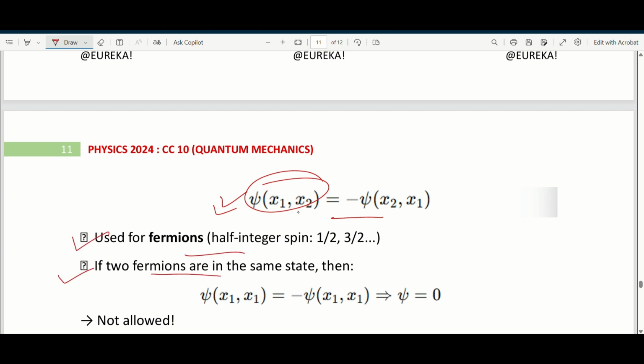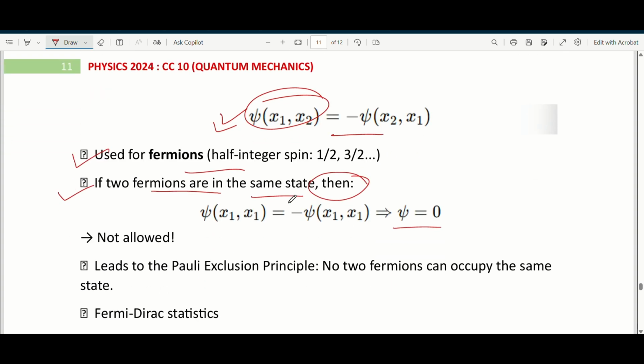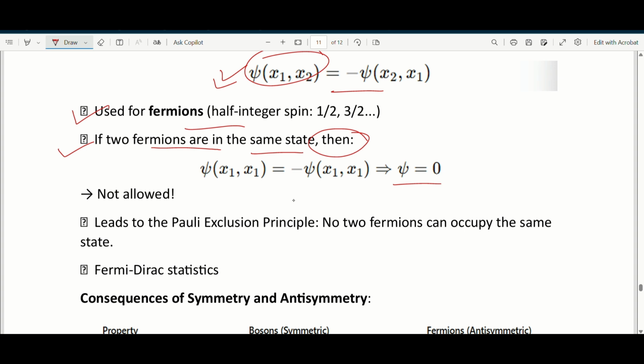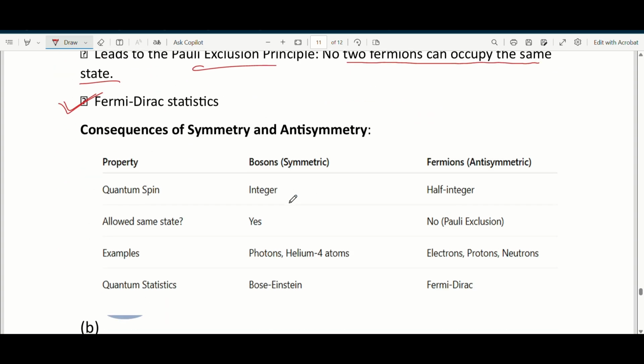If two fermions are in the same state, then we get zero psi. Fermions follow the Pauli exclusion principle: no two fermions can occupy the same state. They follow FD statistics, Fermi-Dirac statistics. So these are some consequences of symmetric and antisymmetric wave functions.